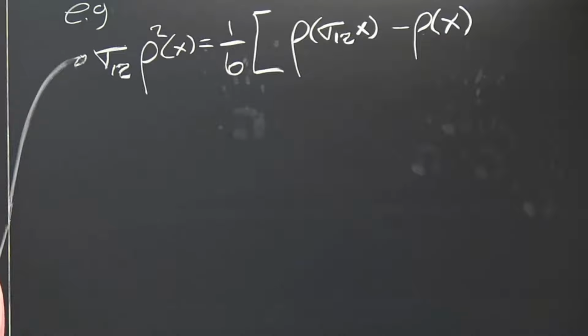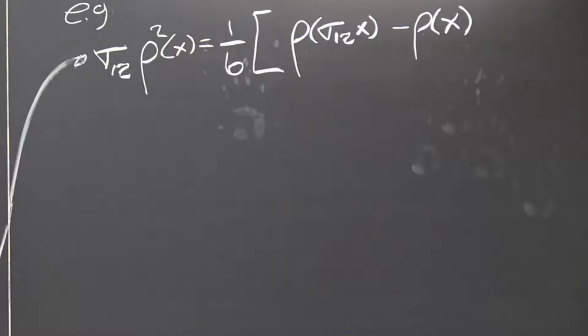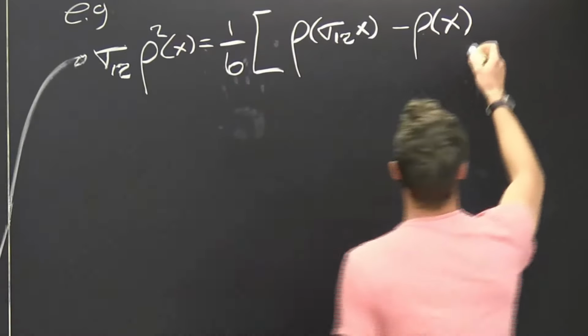Sigma 2, 3. Does anybody know off the top of their head what 1, 2 and 2, 3 is? If not, I can just work it out. I guess it doesn't matter. This one's going to give me the identity. These two are going to give me the other two, whatever they are. So that's a good point.